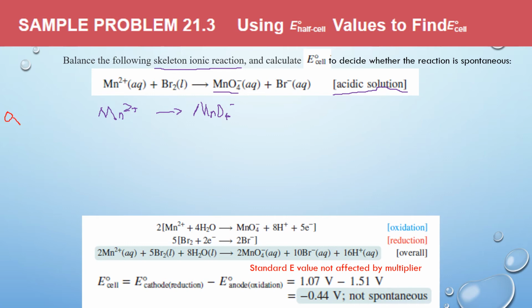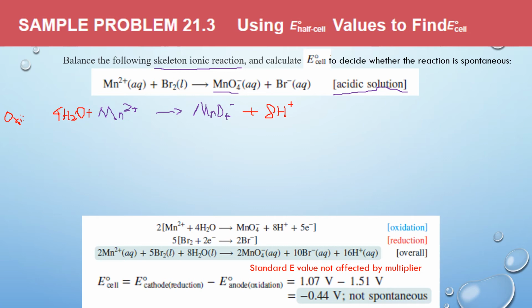So first I will add 4 water. Remember, to balance oxygen, we add water. Now I have 4 oxygen on both sides, but now I introduce 8 hydrogen, so I put 8 protons. To balance hydrogen, we add protons. Now we have the same number of each element on each side.